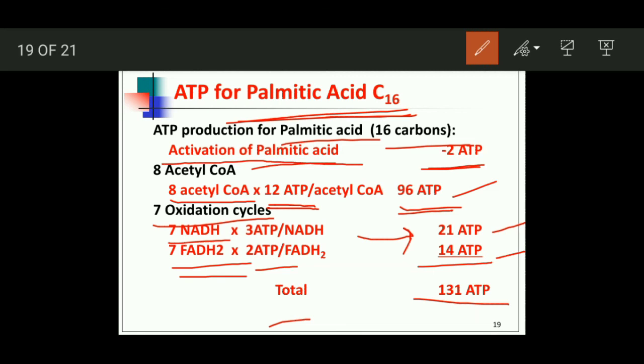So 131 ATP minus 2 ATP becomes 129 ATP. This is all we wanted. By this process you can calculate the total amount of ATP generated by any fatty acid, of any number of carbons. So this was the idea for beta oxidation of fatty acids.